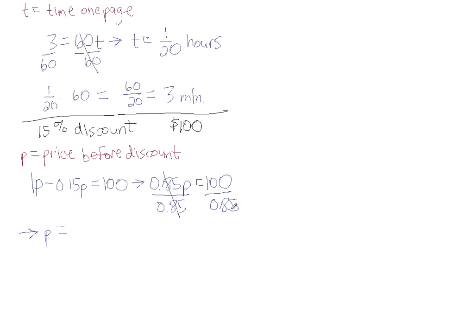And 100 divided by 0.85 will give us 117.65. This is in dollars. So the price before discount is $117.65. We take a 15% discount, and the sale price is $100.